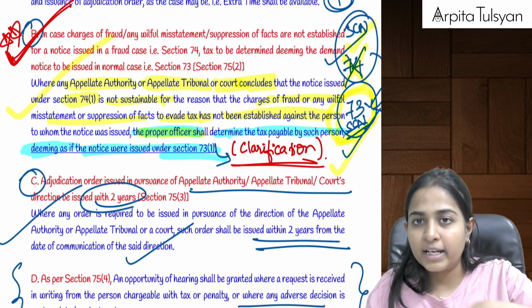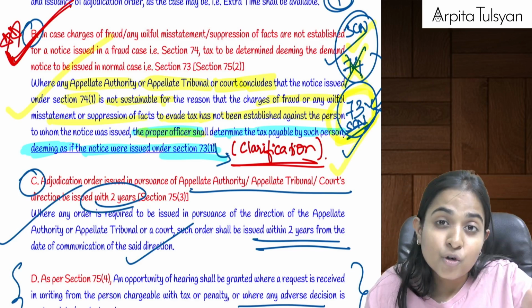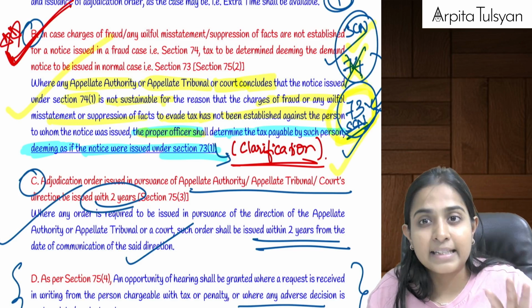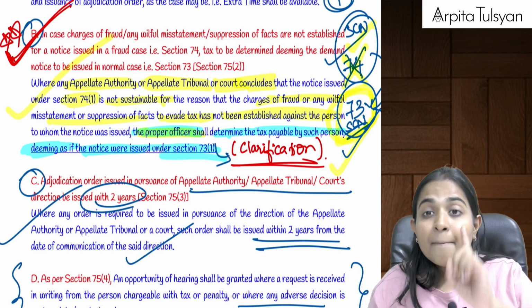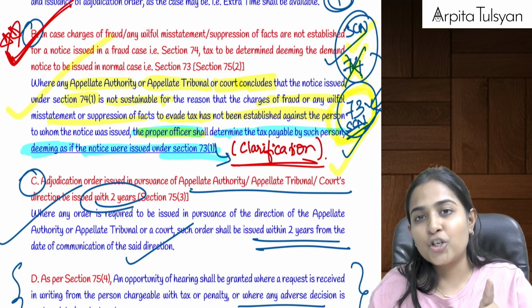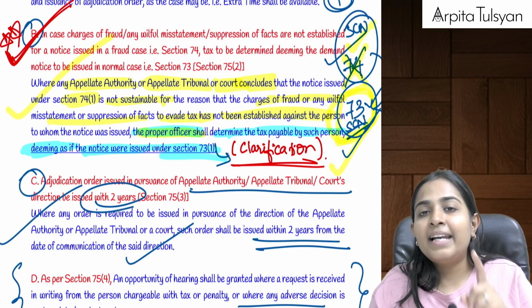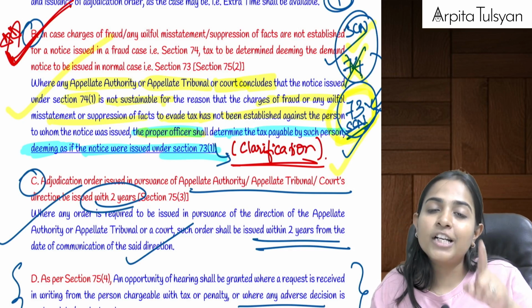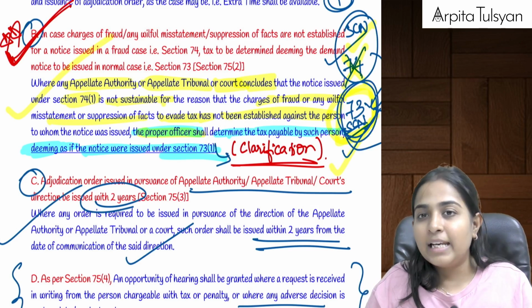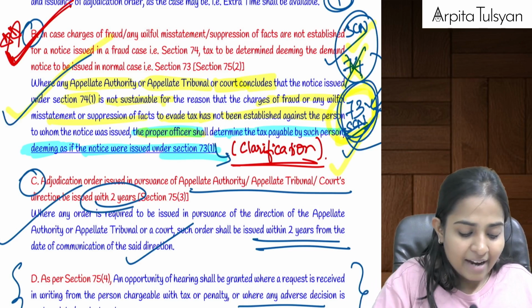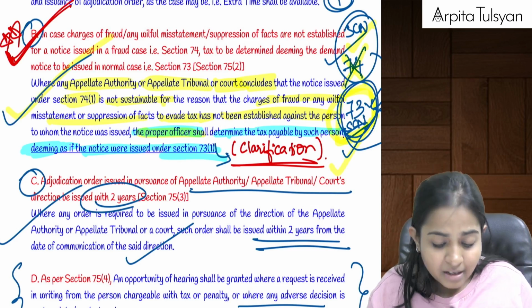If this is not a case of 74, we will assume that this is a case of section number 73. I said, okay, no problem. Take this as a case of 73, but please check the validity of the show cause notice. Only if the time period for issuing the show cause notice under section 73 has not expired, then only I will get the proceedings done under section number 73.